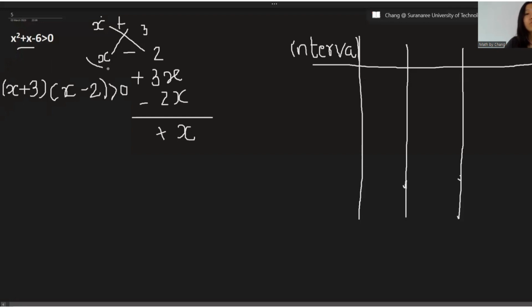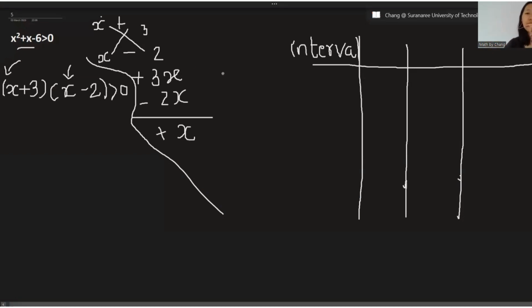All right, so what you need to do here is, the multiplication of these two, x plus 3 and x minus 2, will be greater than 0. So you need to find the values of x such that, when you put the value of x, the multiplication of these two will still be greater than 0. So you need to find the interval for this.